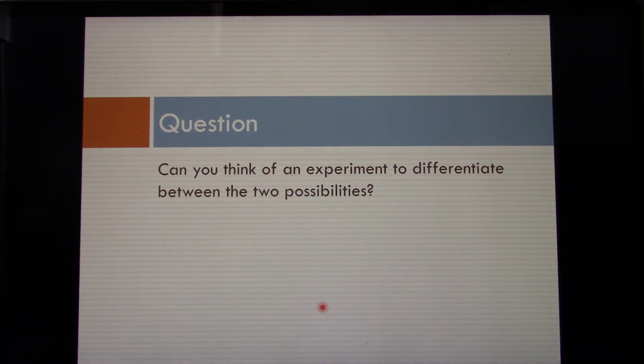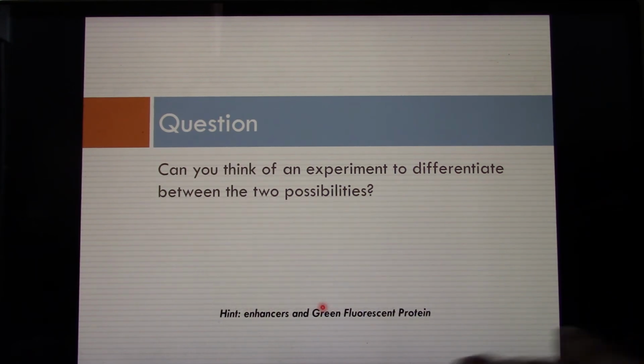Can you think of an experiment to differentiate between the two possibilities? Your hint is that you already know about enhancers and the green fluorescent protein.